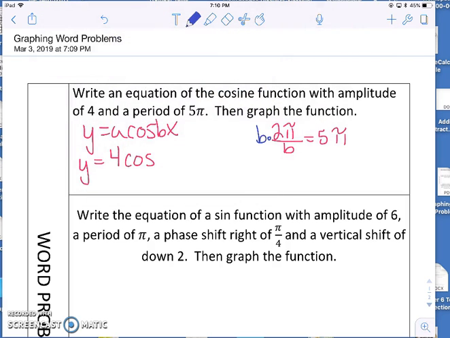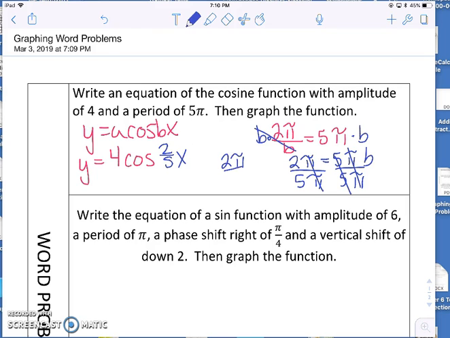So 2 pi equals 5 pi b, divide by 5 pi, so we have b equals 2/5, so it'd be 2/5 x. We can see if we did our normal 2 pi divided by 2/5, that'd be 2 pi times 5 over 2, which would give us our period of 5 pi.